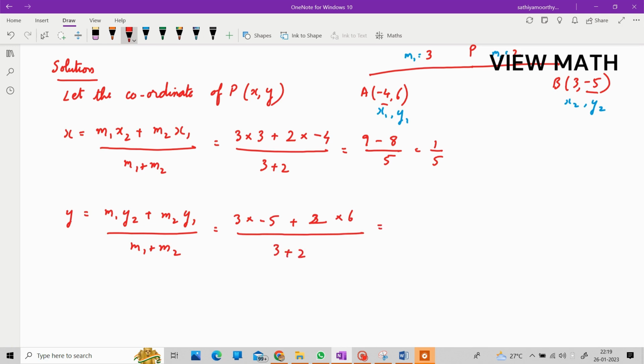So this is equal to 3 into minus 5 is minus 15, plus 2 into 6 is 12, divided by 5. This is equal to minus 15 plus 12 is minus 3 by 5. Therefore, P coordinate is abscissa, that is x coordinate, 1 by 5 and ordinate, which is y coordinate, minus 3 by 5. So using the section formula, we have found out the coordinate of P.